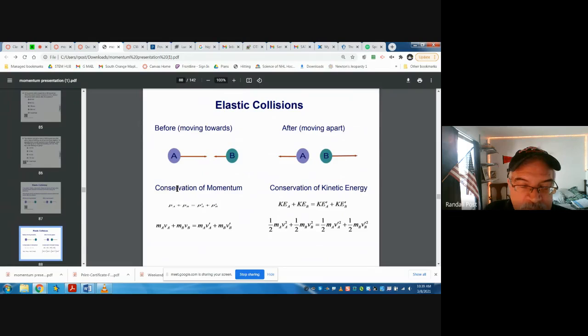Conservation of momentum, same. Momentum of A plus B before the collision is equal to the momentum of A and B after the collision. Let's ignore kinetic energy for now because we haven't studied energy yet. So we'll just ignore this part. Focus on the conservation of momentum.